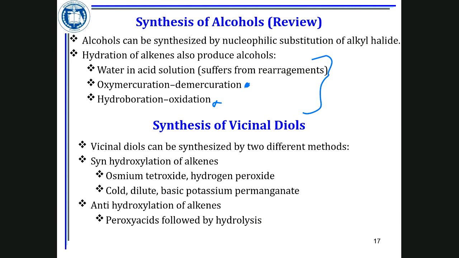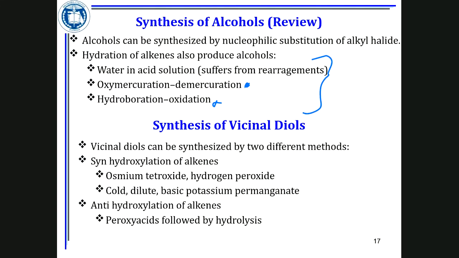Now, diols can be synthesized by adding potassium permanganate. If you remember, dilute potassium permanganate would add 2 OHs, 1 to each carbon, and then hot acidic permanganate or hot and basic permanganate can add a C=O double bond to each side.